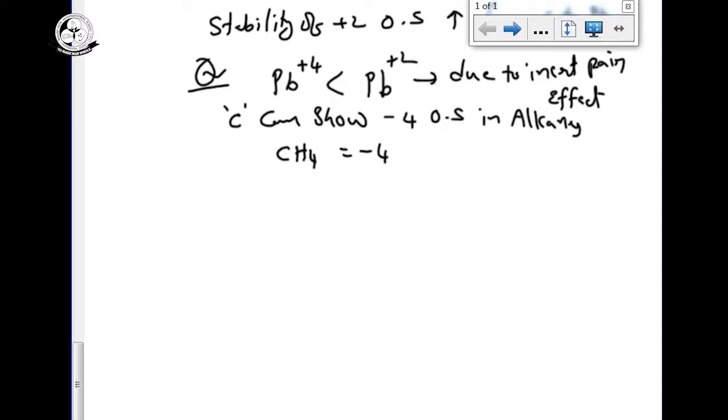Next we are going to discuss the chemical properties. That was the general discussion; now we are going to the chemical properties.